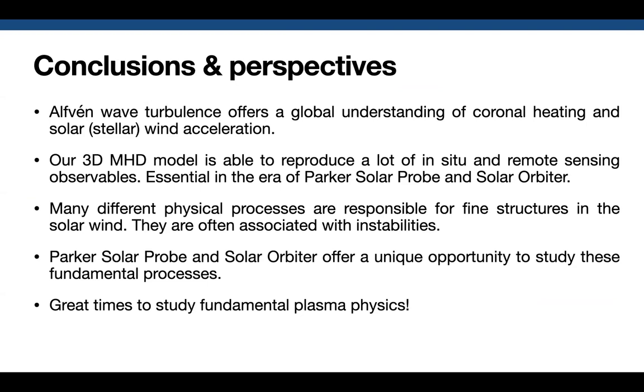Although there may be other processes that occur, the general picture is here. And we have developed a 3D MHD model that is able to reproduce a lot of the in situ and also remote sensing observables. For instance, the EUV images that I showed also compare quite well quantitatively with the EUV images made by AIA.